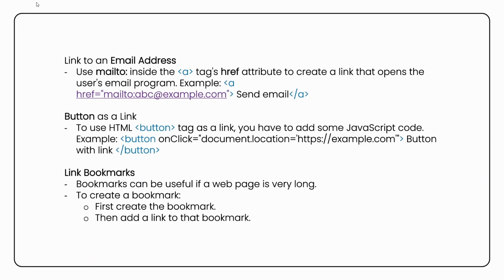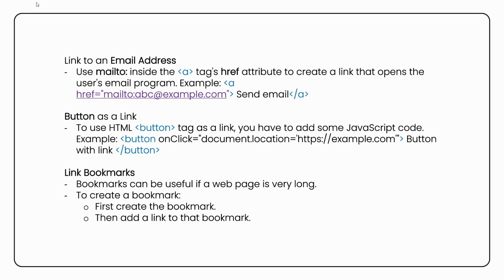So let us quickly recap what we have done so far. We have learned how to create HTML links with the anchor tag. Then we talked about the href attribute that defines the link's destination. Next, the target attribute with two main values, that is _self and _blank, where _self opens the link in the same browser window or tab, and _blank opens the link in a new window or tab.